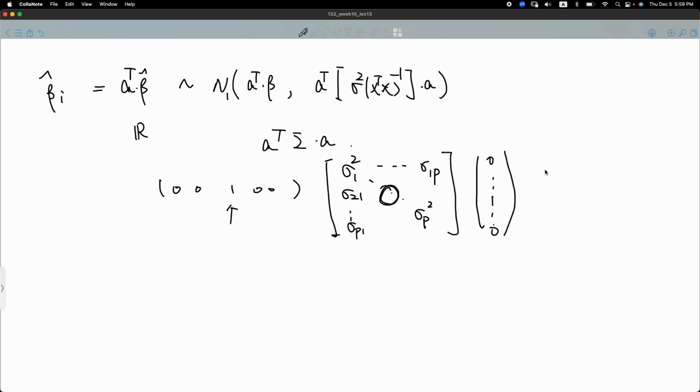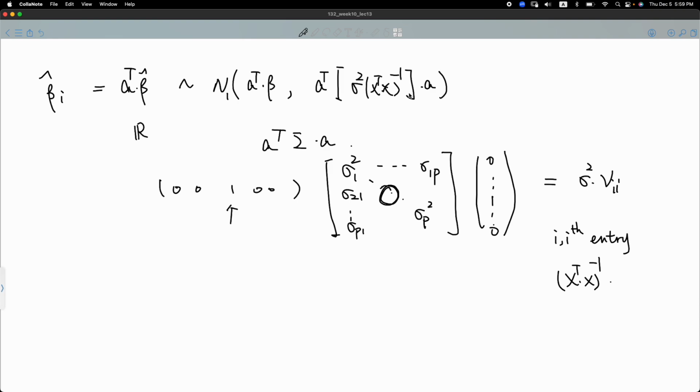So we can give a name to this one, which is sigma square and then v_ii. Here the v_ii is just referring to the ith entry of the X transpose X inverse.